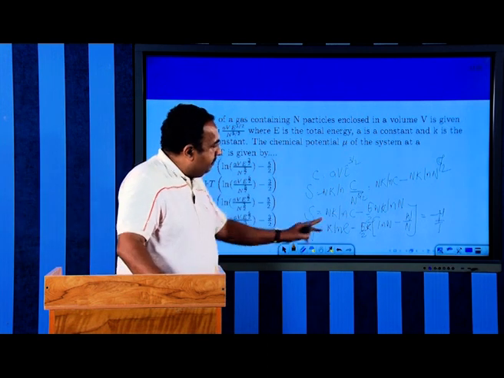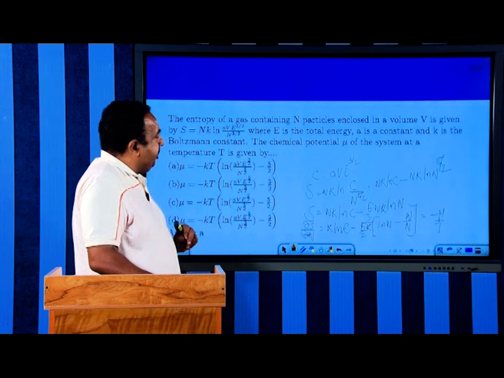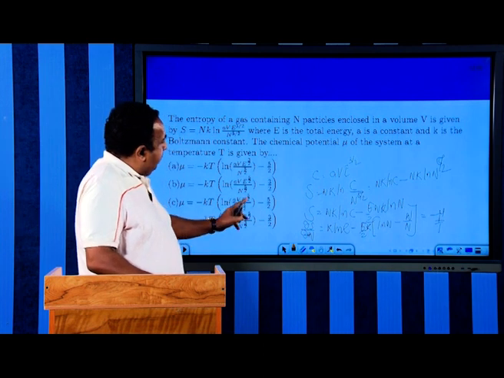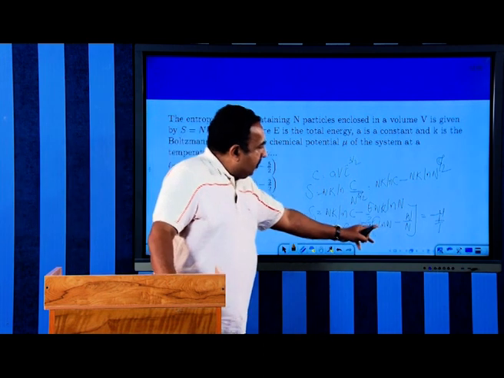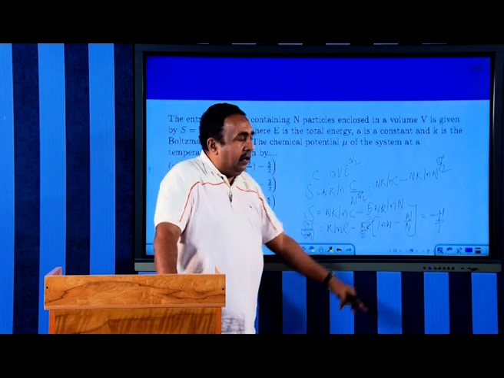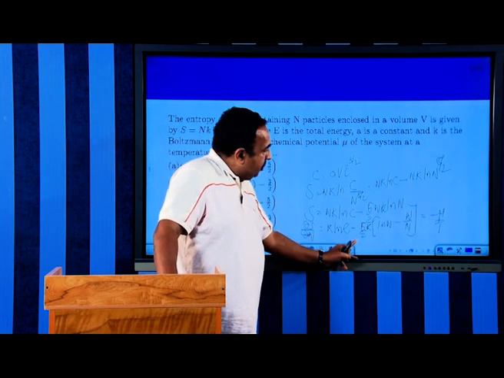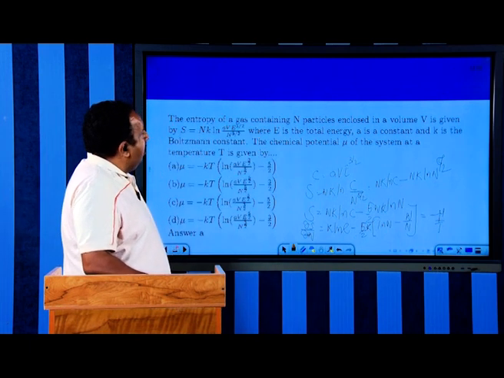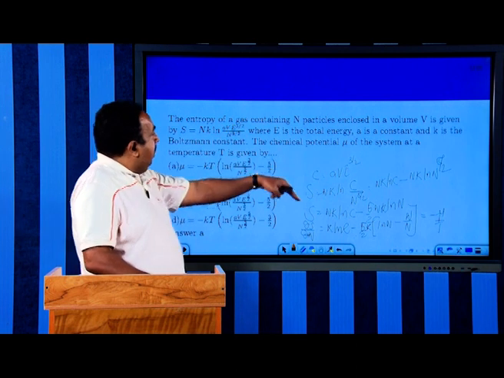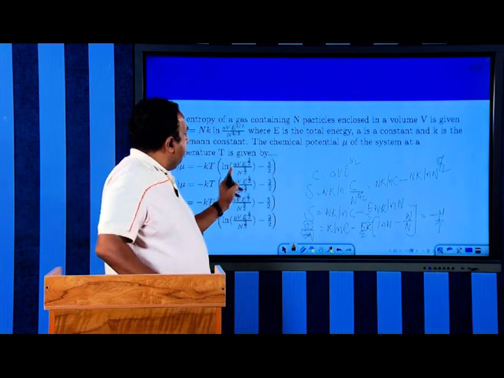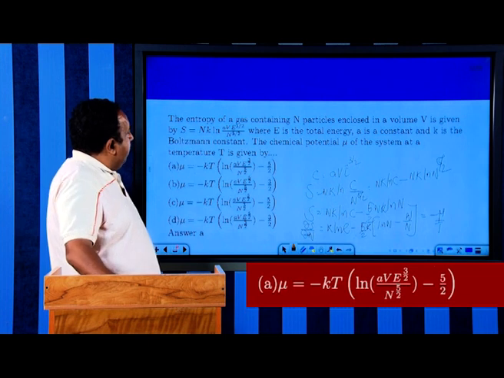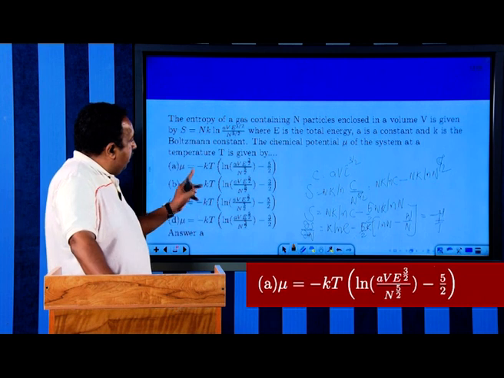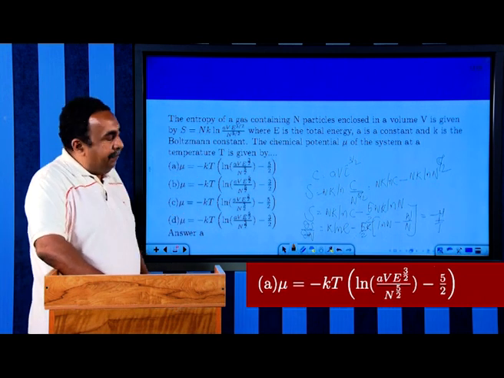K is a common factor everywhere, therefore, it becomes minus kt, and you have log c is there, that is a v e raised to 5 by 2, and you have this log n minus n log n into 5 by 2 is outside, therefore, it once again becomes log n raised to 5 by 2, then there is minus 5 by 2 plus 5 by 2 kt, therefore, your equation will be minus kt log a v raised to 3 by 2 divided by n raised to 5 by 2, minus of minus becomes plus 5 by 2.